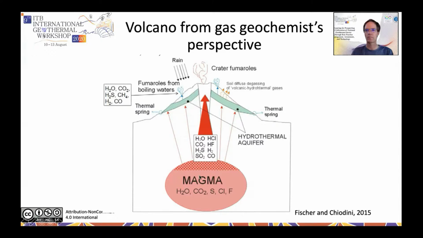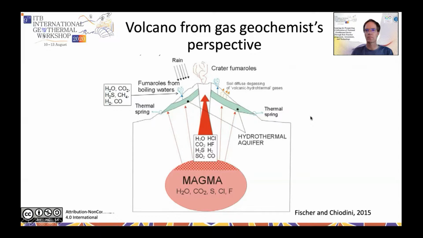So the magma emits gases, those gases move to the surface and interact with the hydrothermal system that has a composition dominated by water, but also some other gases like CO2 and methane and so on. So complex reactions happen in this system.